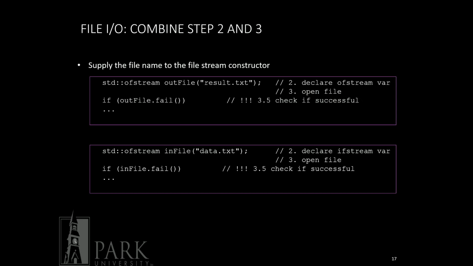So you have to do steps 2, 3, and 3.5 for both your inputs and your outputs, okay? Other than that, it's the same process. You're going to include your file streams, declare your variables, check them, make sure that they're good, and process them whatever ways you need to depending on what your requirements are. And then you close the files as soon as you're done with them. And that's it. That's all there is to file I/O.